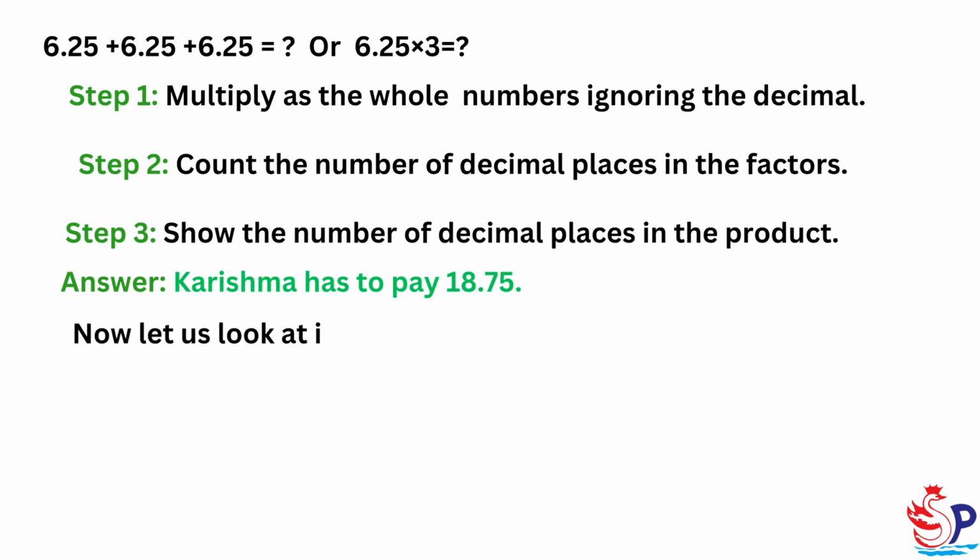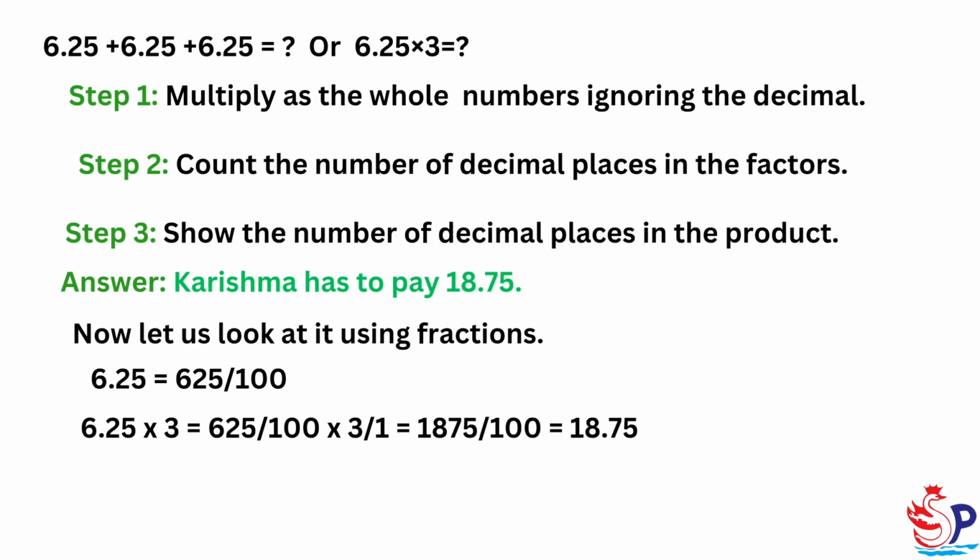Now let us look at it using fractions. 6.25 equals 625/100ths. 6.25 times 3 equals 625/100 times 3/1, which equals 1875/100ths, which equals 18.75. Answer. 18 rupees and 75 paise.